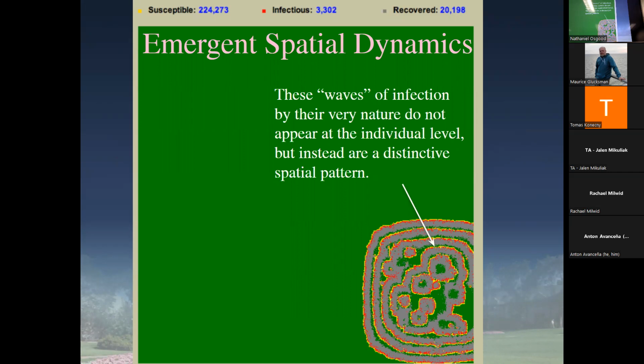I thought they were kind of stylized in an unrealistic way until I saw some pictures of the spread of rabies in some states in the northeastern US, particularly in the Connecticut, Massachusetts, Rhode Island area. I saw patterns that also had these wave fronts that were not too dissimilar. And I said, okay, that's something I recognize. So it may be a bit stylized, but it captures an essential truth.